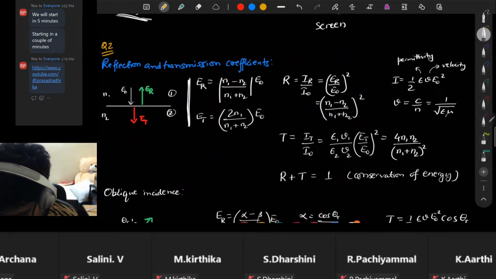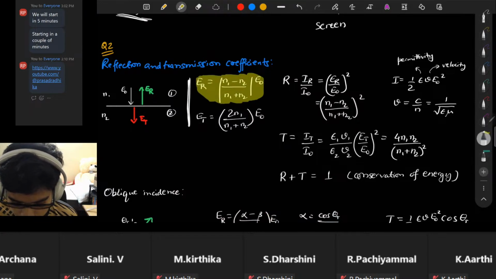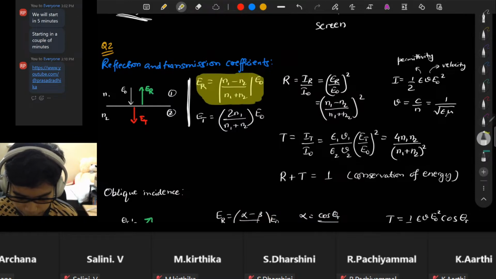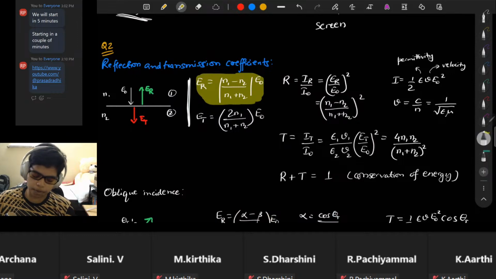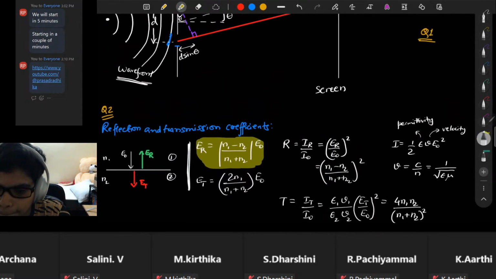So upon subsequent reflections, the amplitude will keep on decreasing. So we neglect all reflections beyond the first two reflections. First one from the top surface, second one from the bottom surface. Okay, so let me stop the poll.